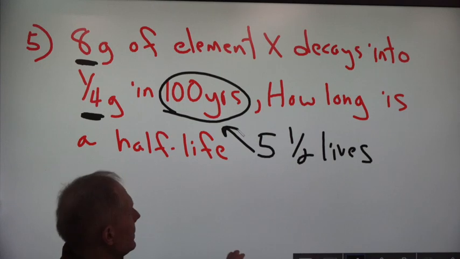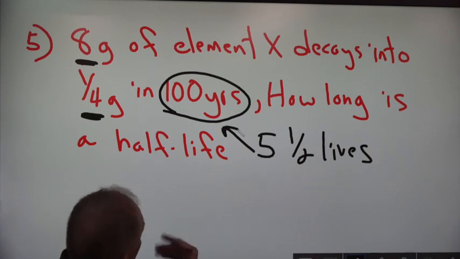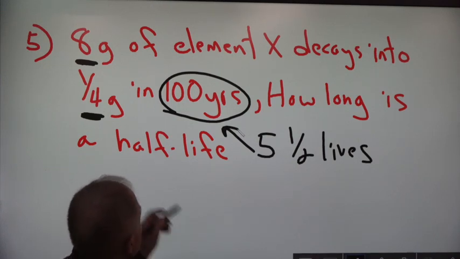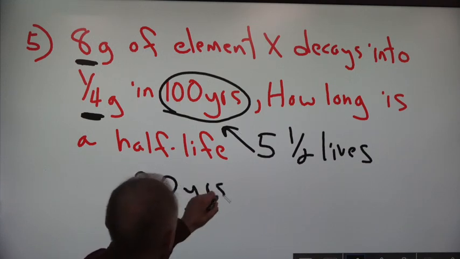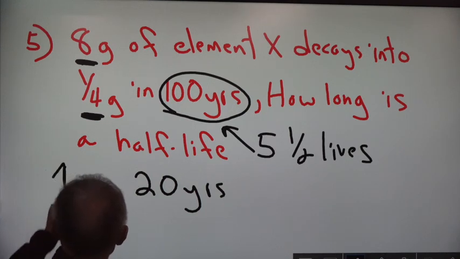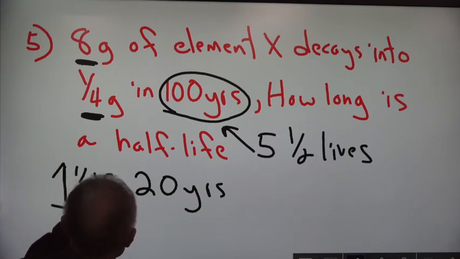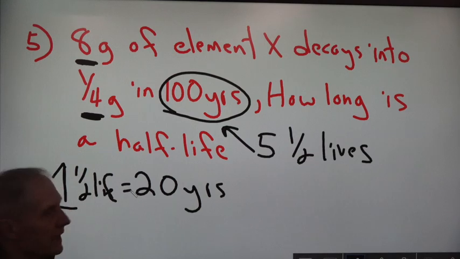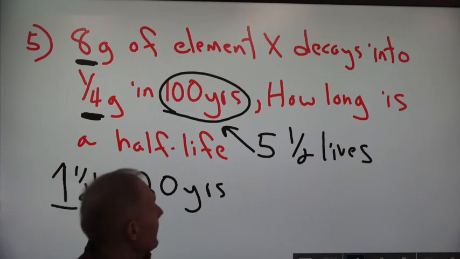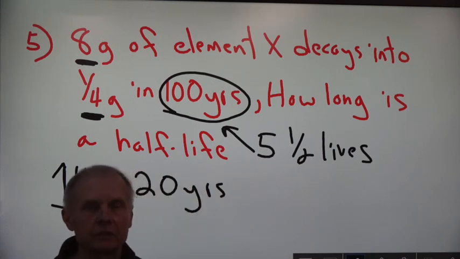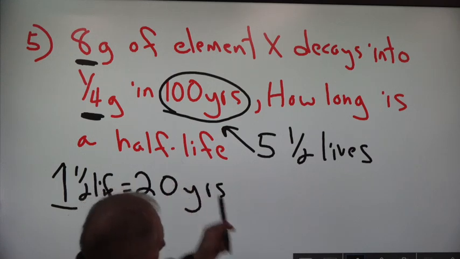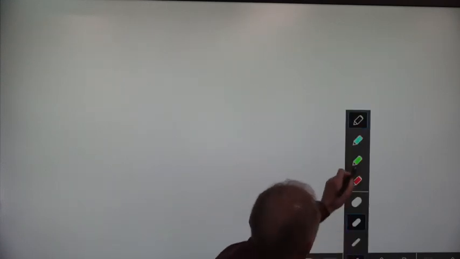So, the answer to this question, 1 half-life is 20 years. That's a good question too, because they don't give you what element it is. All right, so that's that one. Next question.